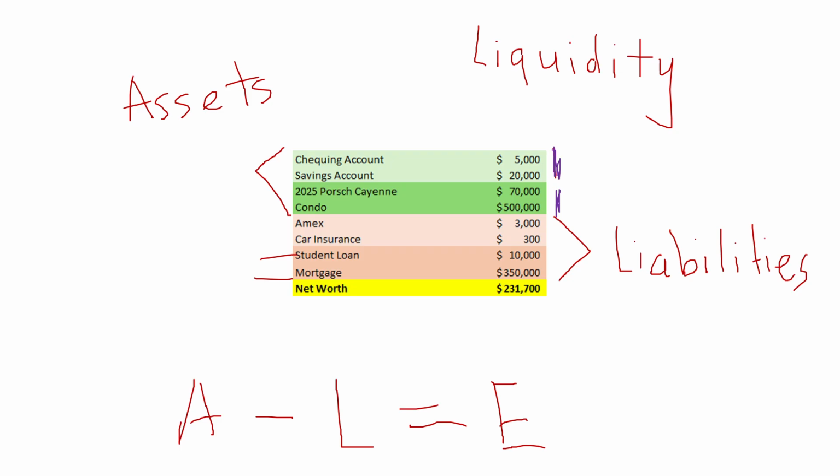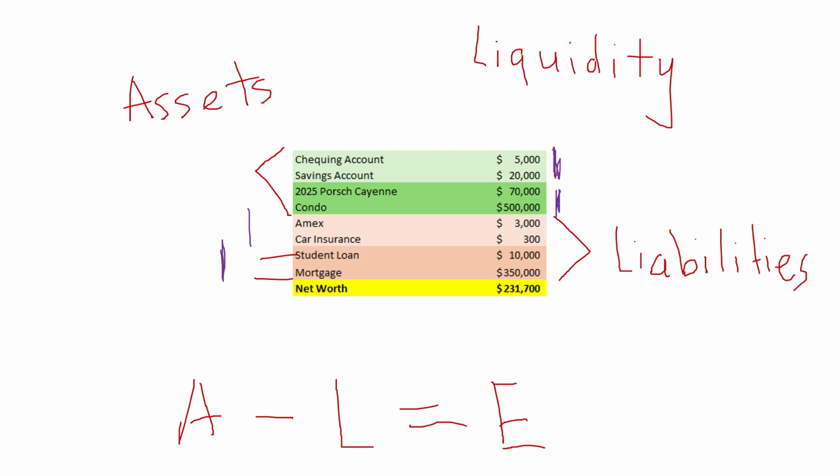And then when it comes to the debt, same thing. Your credit card bill is usually due and payable every month. So is car insurance payments. Whereas your student loan and mortgage, when it comes to liquidity for debt, it's how soon do you have to pay that debt? Let's say you have the Amex $3,000 due this month.